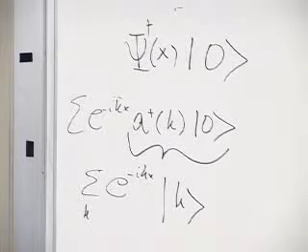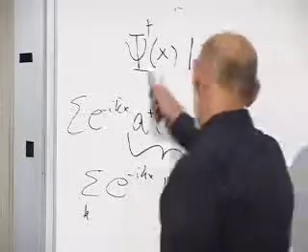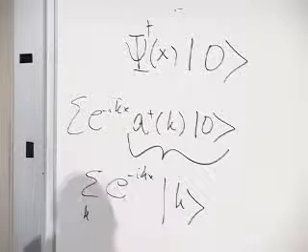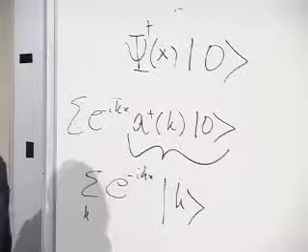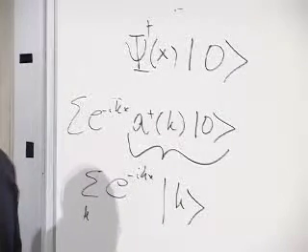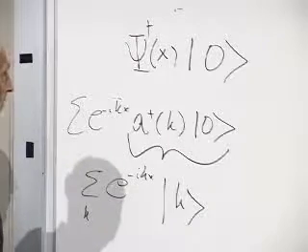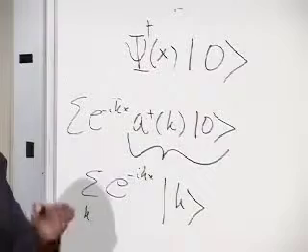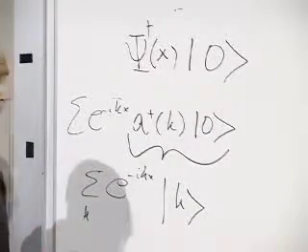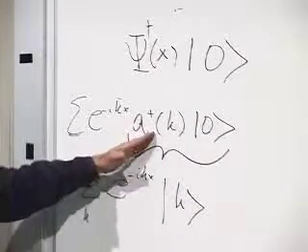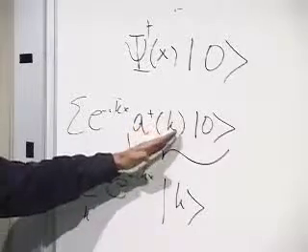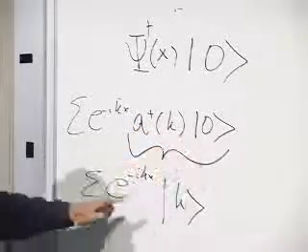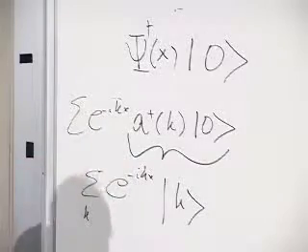So that tells us what psi dagger of x does. Psi dagger of x creates a particle at position x. It creates a coherent quantum mechanical superposition of states with all the different allowed momenta, all with coefficient e to the minus ikx.